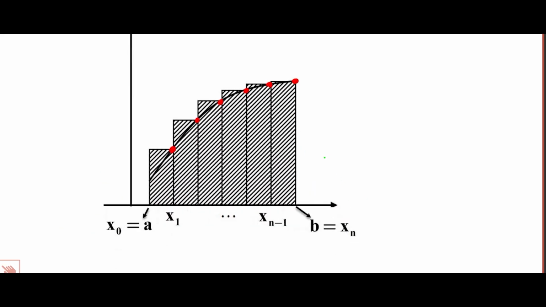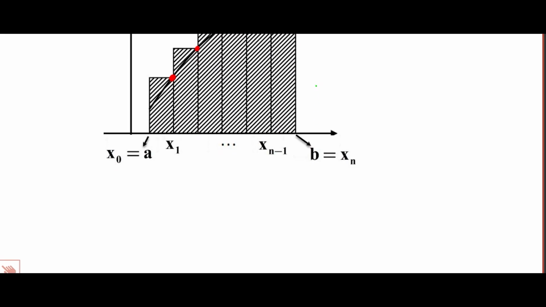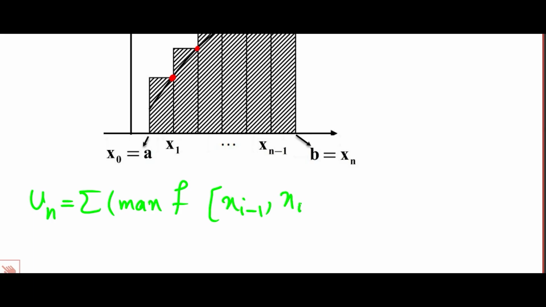And the upper sum means U sub n equals the sum of the maximum value of f on [x sub i minus 1, x sub i] times delta x, from i equals 1 to n.